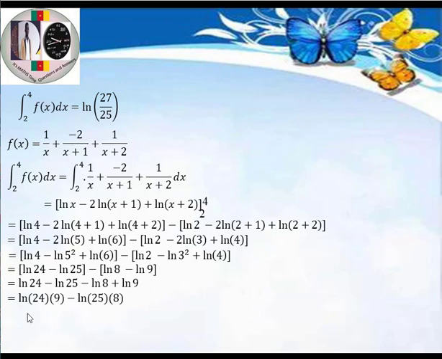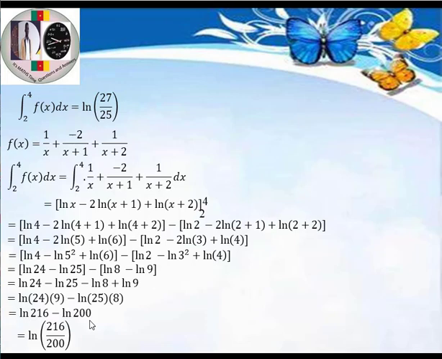If we multiply them, we are going to have ln 216 minus ln 200. Now that we are subtracting, we can divide the arguments from the law of logarithm. So we are going to have ln of 216 divided by 200 to give us that.